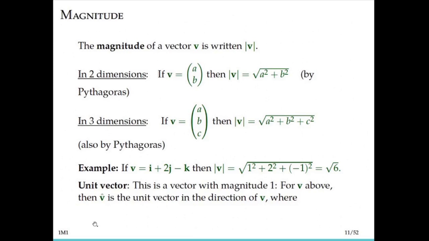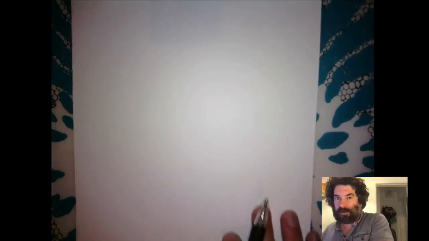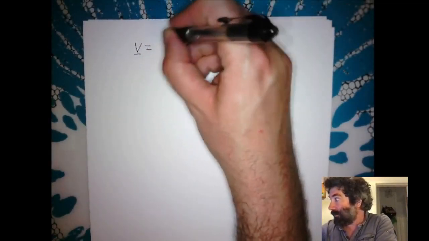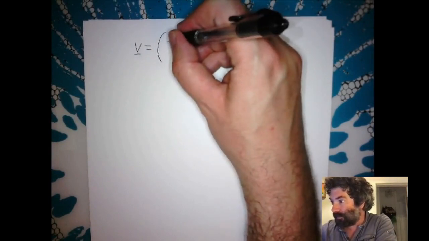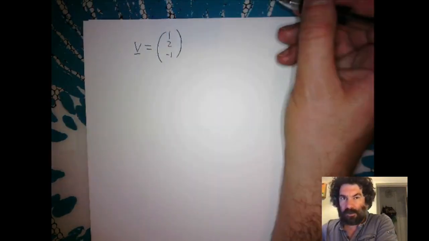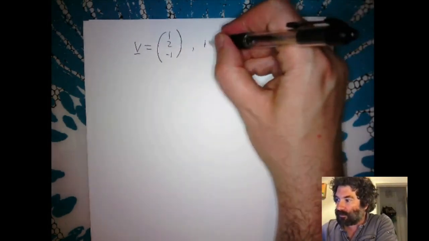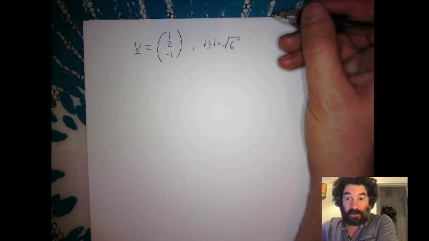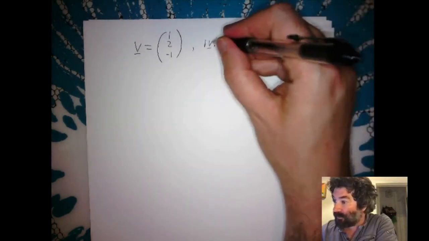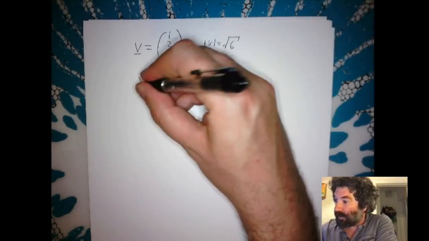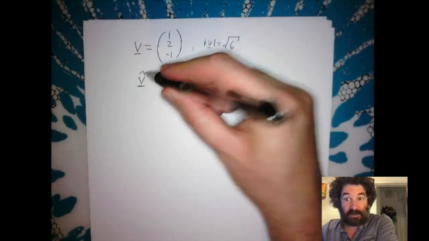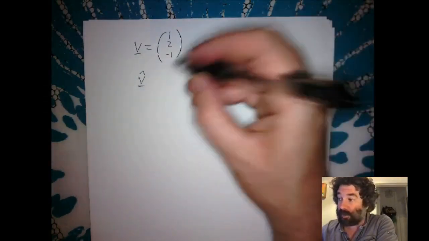Let me quickly switch to the visualizer. So we have the vector v with these components, 1, 2, -1. The modulus of v, as we just discussed, is the square root of 6. The unit vector pointing in the same direction as v is denoted as v with a hat, and I'll still use an underline to indicate it's a vector, but this hat here indicates it's a unit vector pointing in the same direction as v.